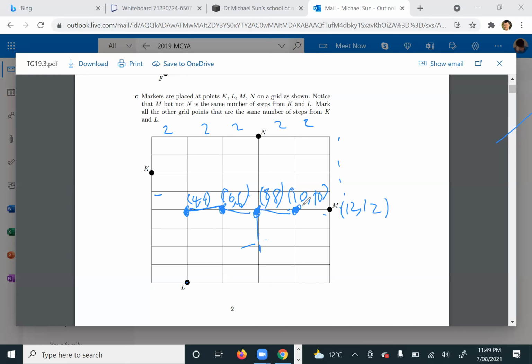You don't have to count everything from the beginning again. Does that make sense? Because you can just go to there and then 2, and then go all the way up by 2 2s. You don't have to go all the way to the start. You know that it's going to continue along 2 at a time.